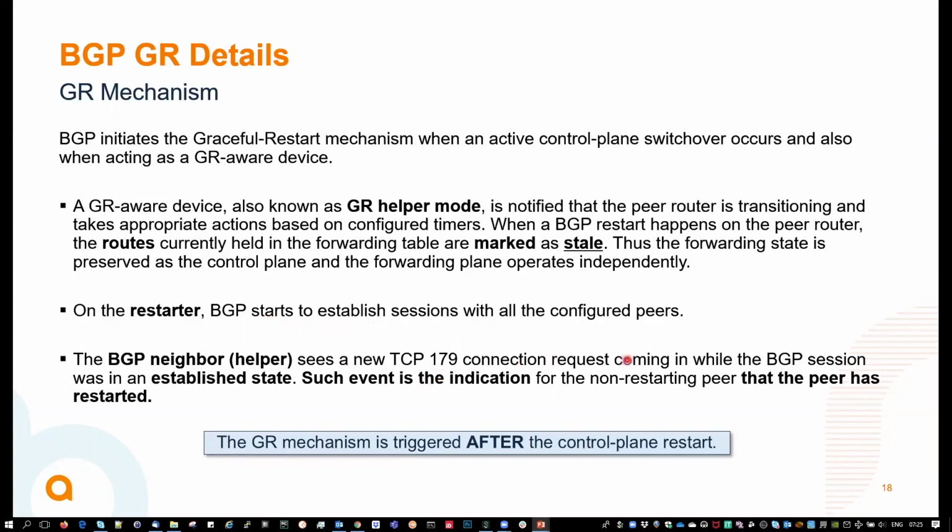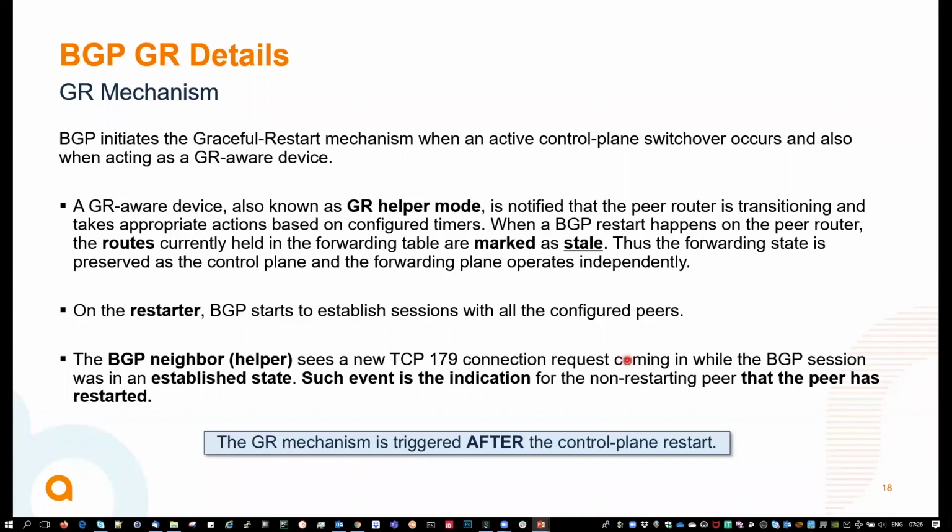So the neighbors, the helpers, will see a new TCP socket connection on the BGP port, which is 179, coming while a BGP session was already established before. So the status of the BGP session was established. Receiving a new socket is an indication that the peer has restarted, and this is a graceful restart event.